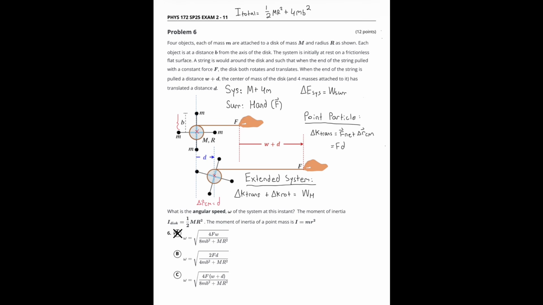So now that we have that, we can rewrite this as Fd plus 1/2 times the inertia times omega minus 0 squared. And the reason why our initial omega is 0 is because it states the system is initially at rest, which will indicate to us that omega initial is equal to 0. And we set that equal to our work done by our hand. So our work done by our hand is the force times our distance, which is w plus d in this case.